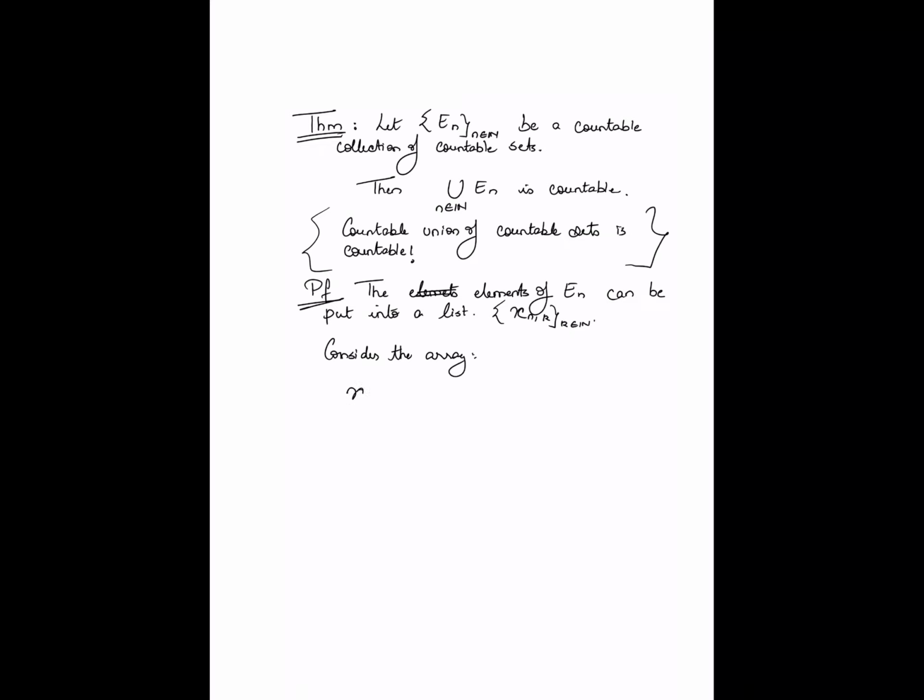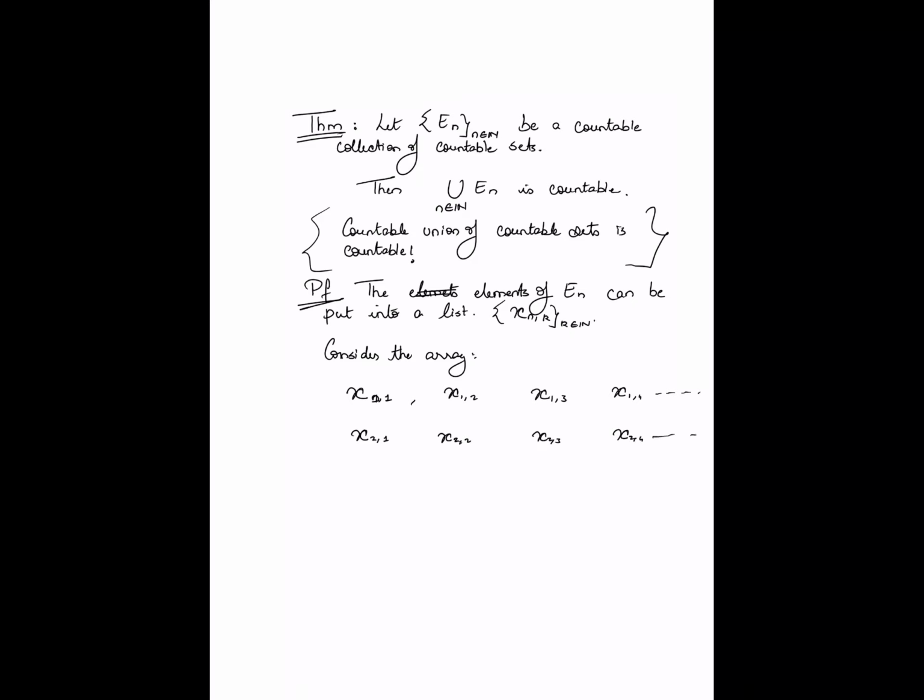So I would have x_{1,1}, x_{1,2}, x_{1,3}, x_{1,4} and so on. Remember, these are the elements of E1. Then I write E2: x_{2,1}, x_{2,2}, x_{2,3}, x_{2,4} and so on.